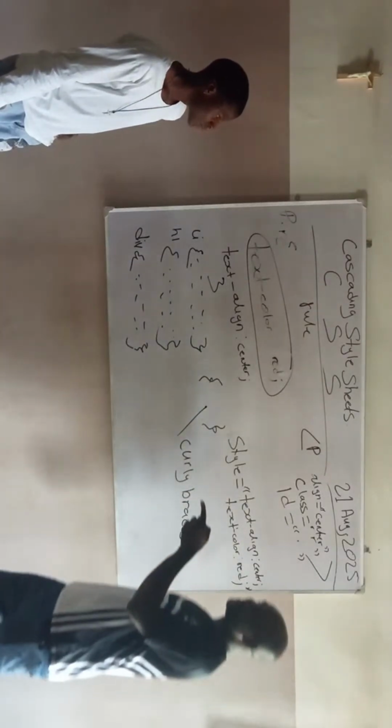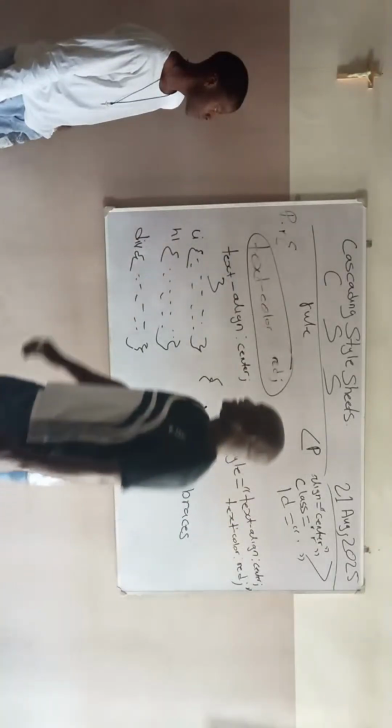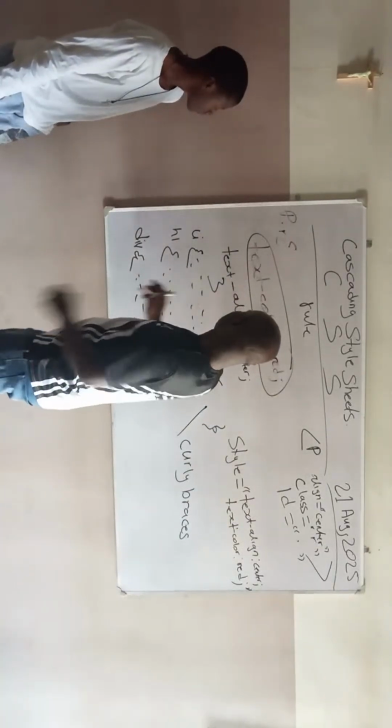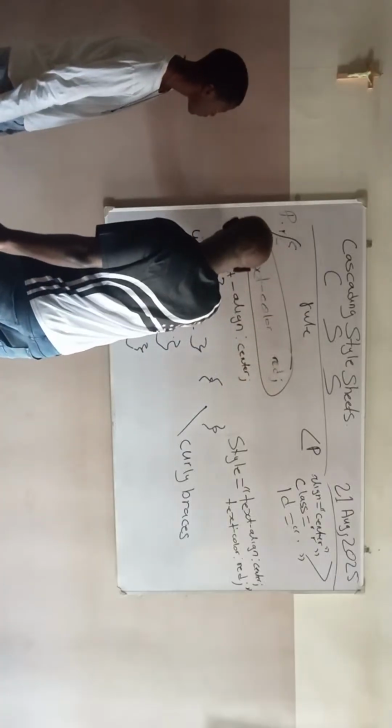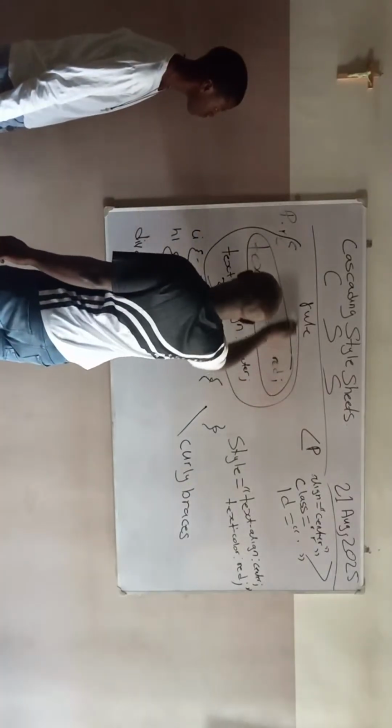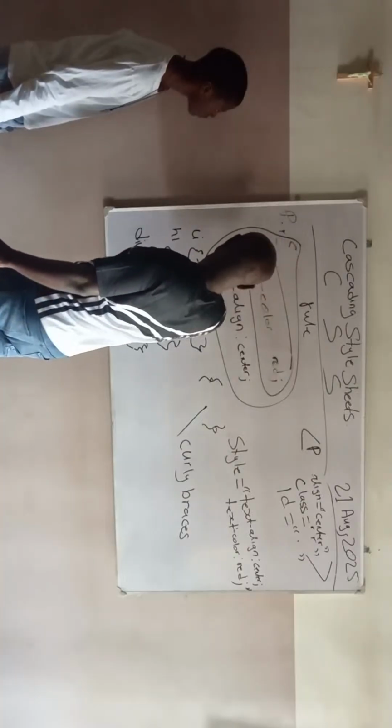It's called what? Declaration. Then if this is the declaration, then this part, from here to here, is called what?